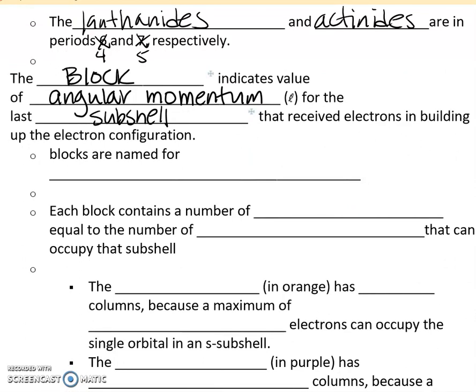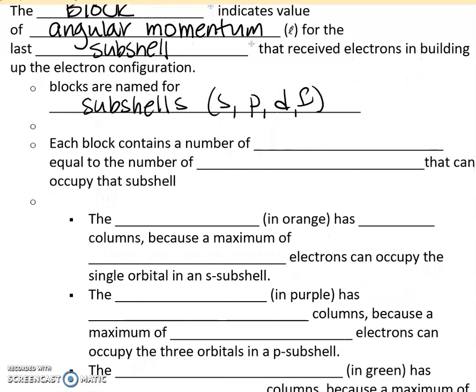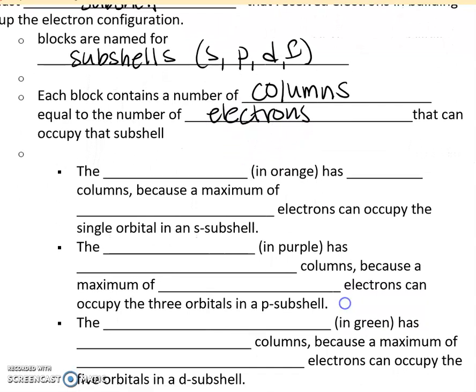And blocks, again, are named for our subshells or sublevels. Those are s, p, d, and f. Each block contains a number of columns, and those are equal to the number of electrons that can occupy that subshell.